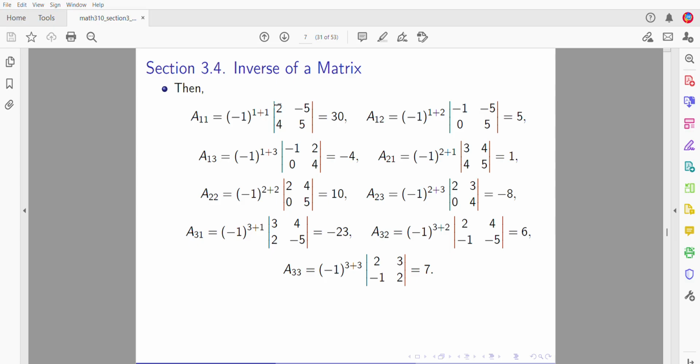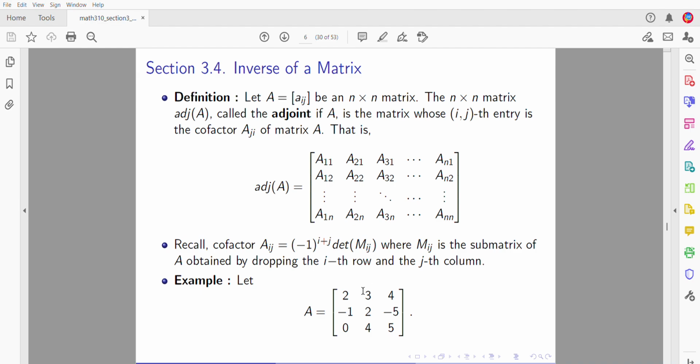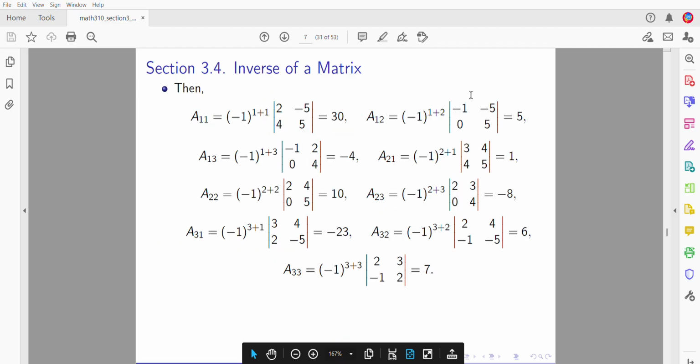I have calculated, that's 30. That entry is first row, second column: drop row 1, drop column 2, negative 1, negative 5, 0, 5 remain. That was the 1, 2 location, so that's the sign. Assuming my calculations are correct, that's A12.